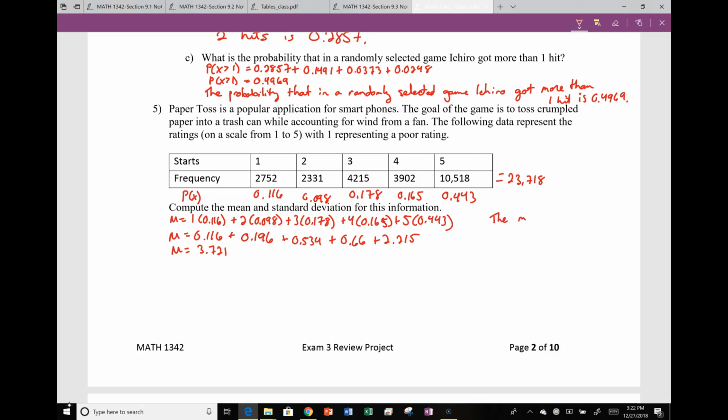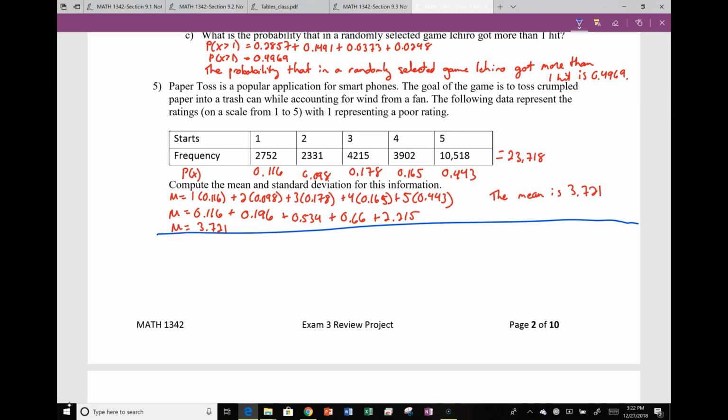So the mean is not 0. It is 3.721. Now again, I'm going to draw a line to divide this off so we can look at standard deviation. We have to first calculate the variance. So the variance is the value minus the mean squared times the probability of x.